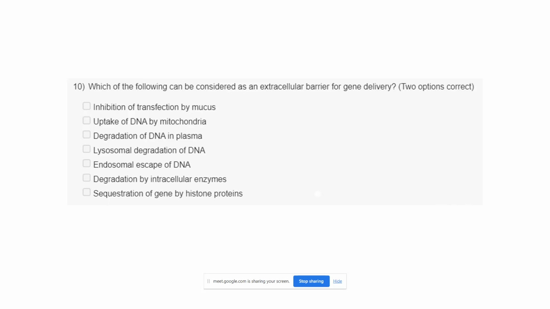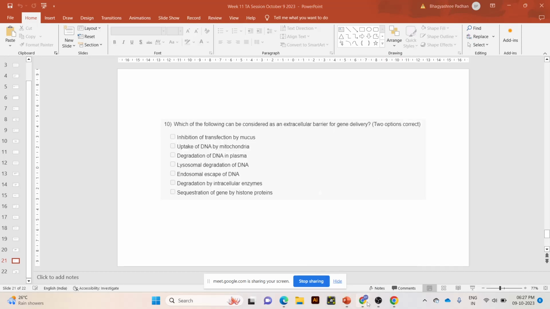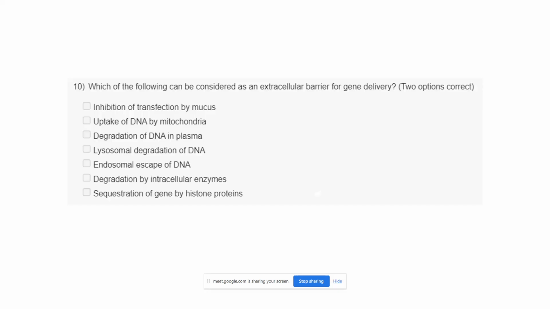1 and 3. 1 and 3, okay. Anybody else? Which of these is an extracellular barrier for gene delivery?